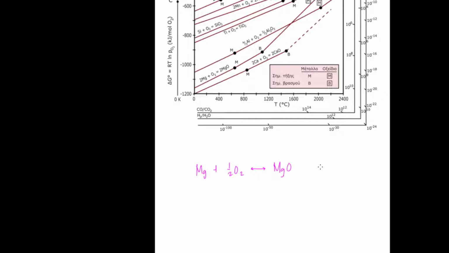So, we are asked what the delta G naught of this reaction is at, let's say, 400, in degrees Celsius since it's already in degrees Celsius. So, it's easier to compute. If we were asked for the delta G naught of this, it can be solved using equations, but if we already have the graphs, we can solve it more easily. So, 400 degrees Celsius, and we are to find the delta G of this reaction.